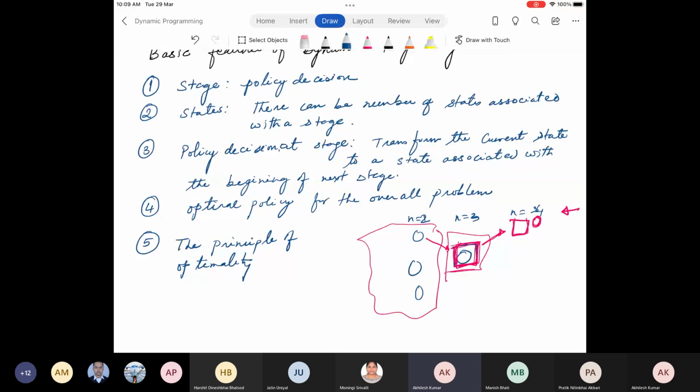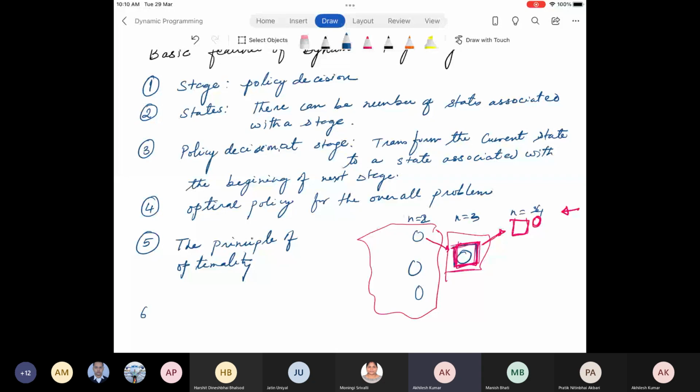Whenever you are trying to define your stages and states, if it lacks the Markovian property, you cannot model it as a dynamic programming problem. Keep that in mind. For a dynamic programming problem, you have to have the memoryless property. The state where you are right now at a particular stage is the only deciding factor for where you will be next. It does not care how you reached the current state.